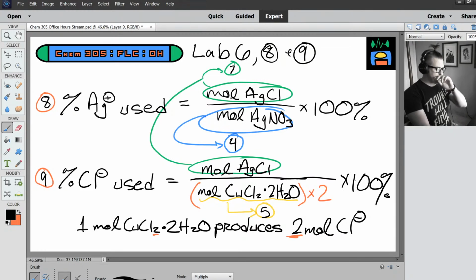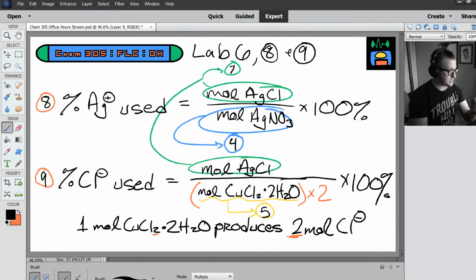So, Kate, that is how you handle Lab 6, Steps 7 and 8. Hopefully that gives you enough to go on. So I see you've got another question for data analysis. Oh, parts 4 and 5.